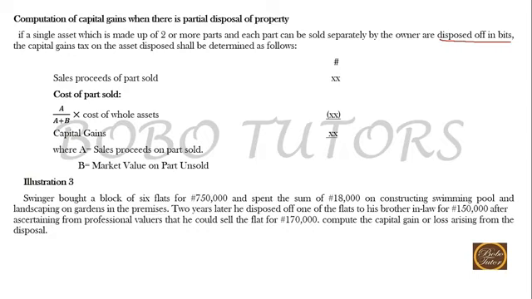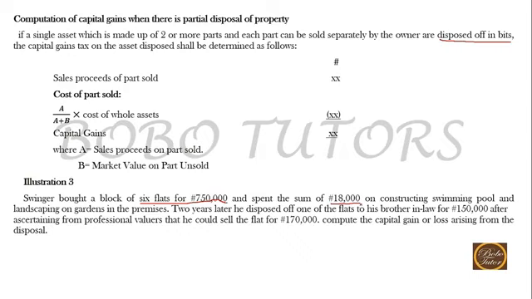So let's look at illustration 3. Swinger bought a block of 6 flats for 750,000 naira and spent the sum of 18,000 on construction of swimming pool and landscaping on gardens in the premises.